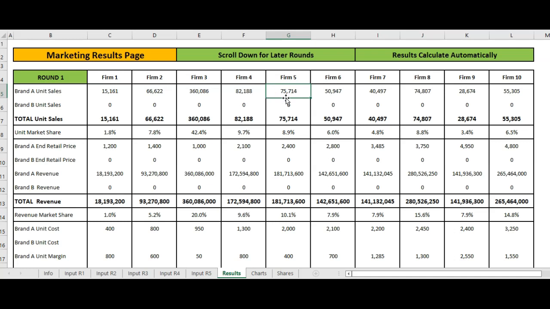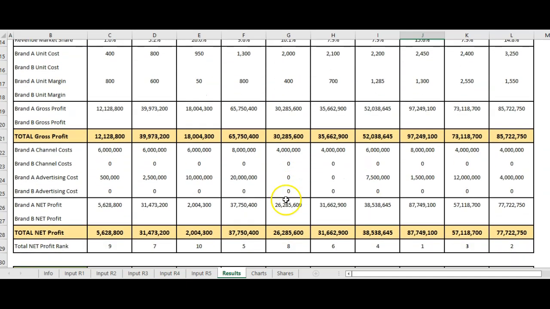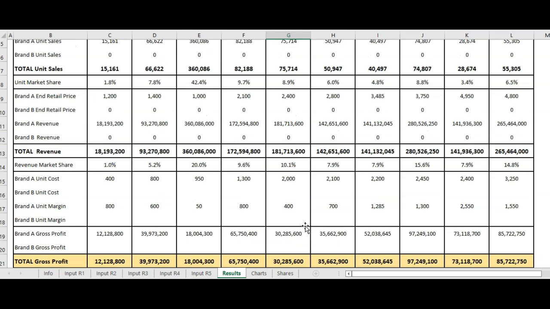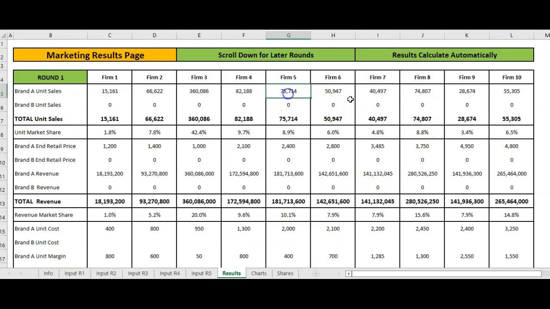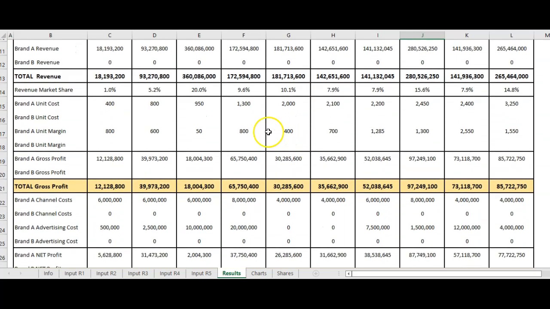This company here, firm 5, has sold roughly the same as firm 8. We go down to their profitability. They only made 26 million. Why is that a difference? Even though they're selling the same amount, you come down to margin. Their margin is 400. Their margin is 1,300. So margin is quite important.